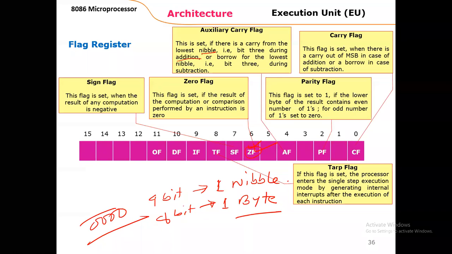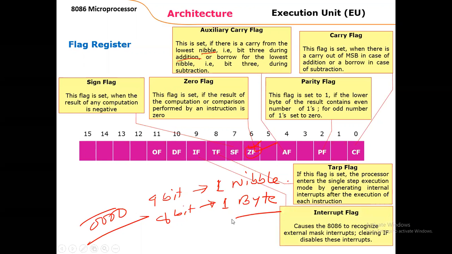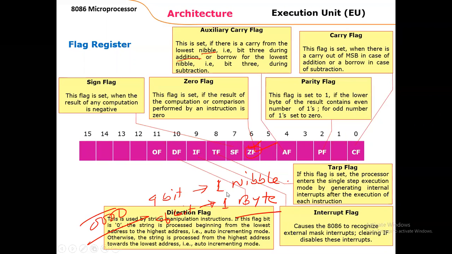This is called the trap flag. And this is the interrupt flag. If anyone interrupts the microprocessor, then the interrupt flag is high. Then the direction flag, incoming or outgoing direction.